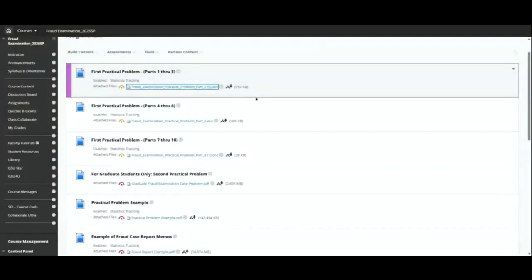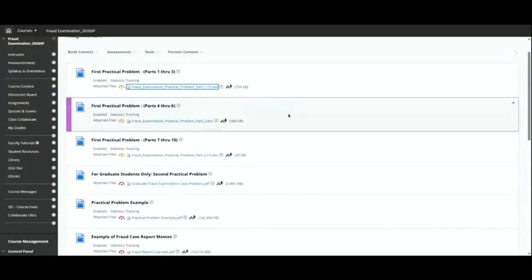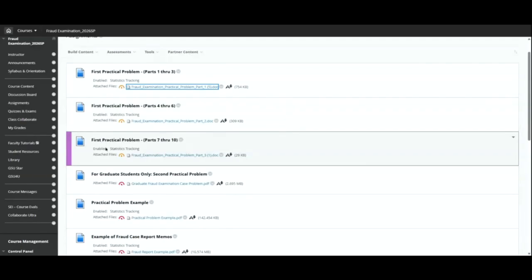Now, you graduate students, lucky you, if we go back to the content, you'll see that here's the first problem. Both undergrad and graduate students have to do this Jenkins manufacturing case. It's broken up into these 3 sections just because at the time, putting it all together was overwhelming Blackboard.